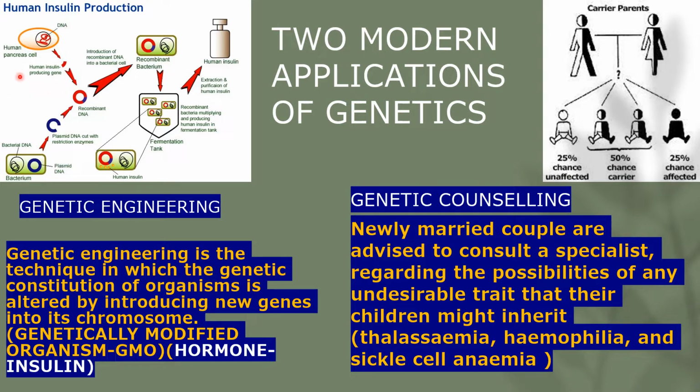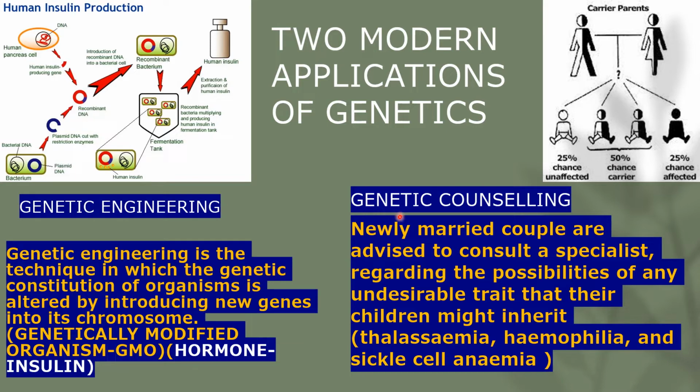Here, the insulin producing gene taken from a human pancreatic cell is introduced into the plasmid DNA of a bacterium. Then that bacterium, after introducing the new gene into its plasmid DNA, we call a GMO or recombinant bacterium. Then in the laboratory we can produce insulin in large quantity.